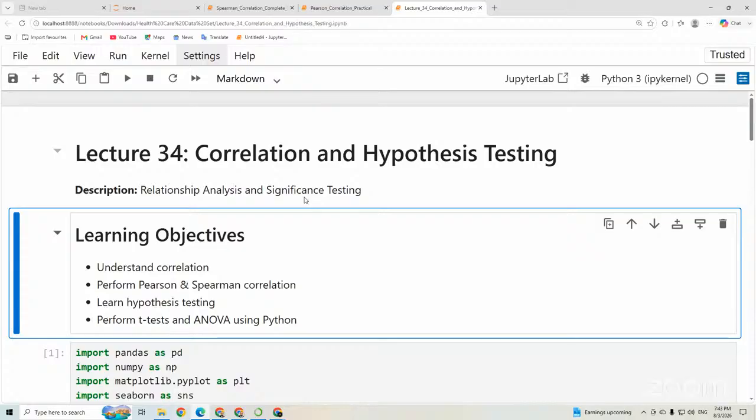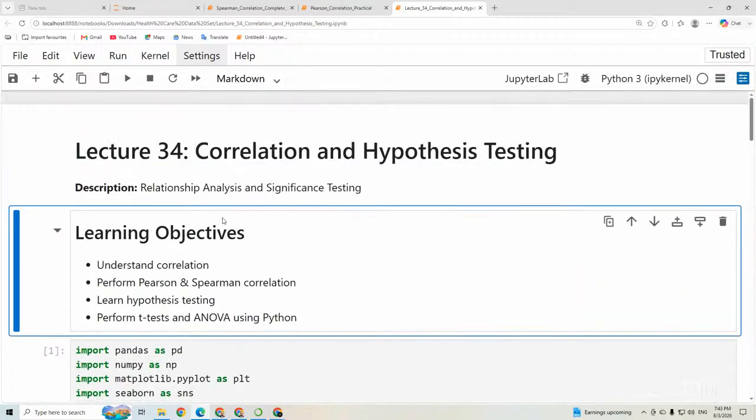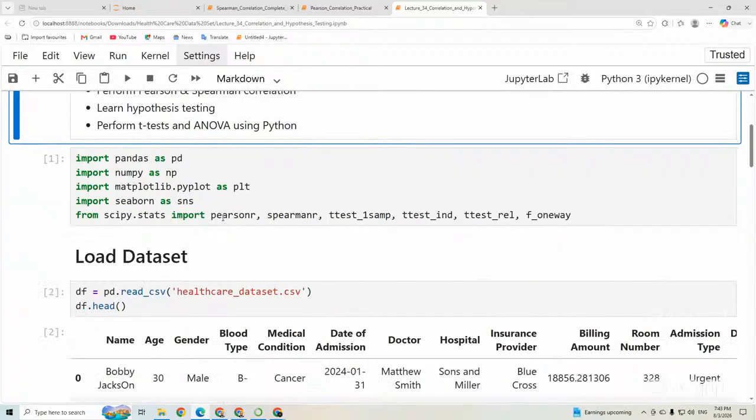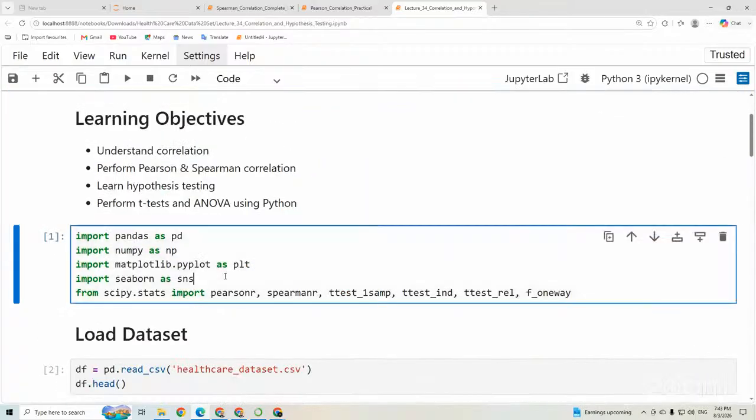For more detail, I have developed some more content. First, we are going to start from this file, correlation. For the correlation, and for the different tests also, we are using the same healthcare data set.